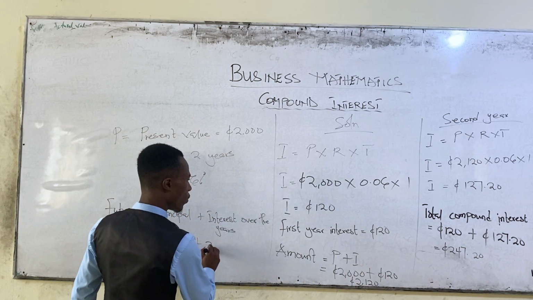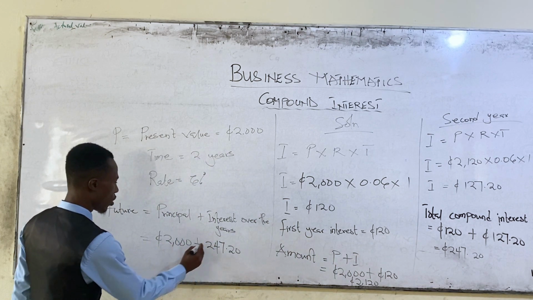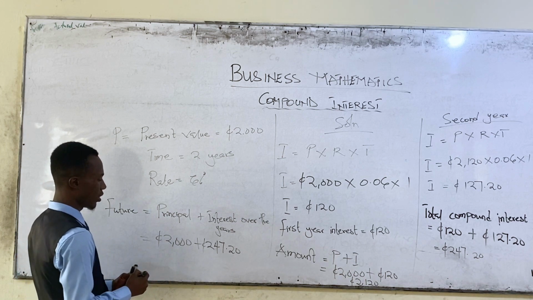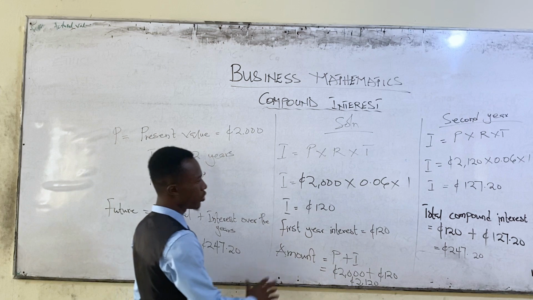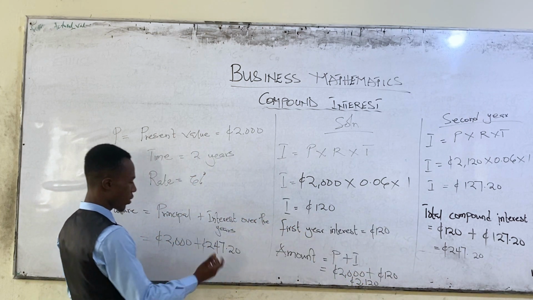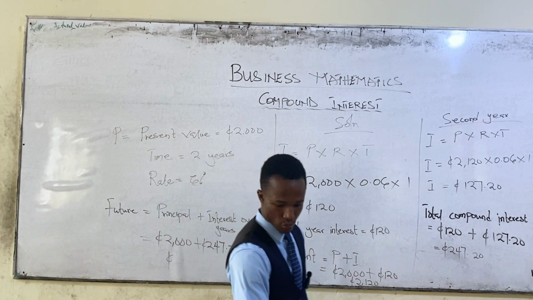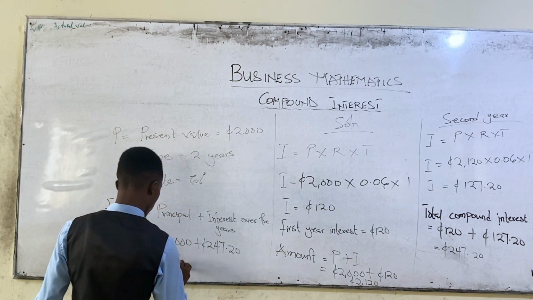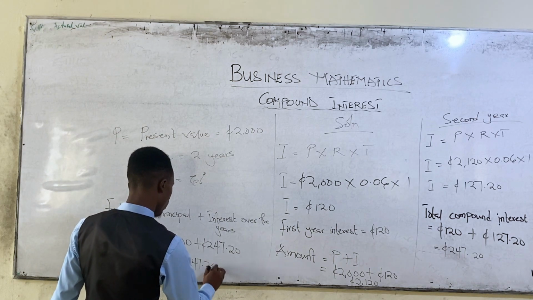So we say 2,000 plus 247.20. Okay, you can also choose to write it this way: 2,000 plus interest for the first year, which is 120, plus interest for the second year, which is 127.2. Then you add it, you are still going to get the same thing. So here, when you add the two, you are going to get 2,247.20.